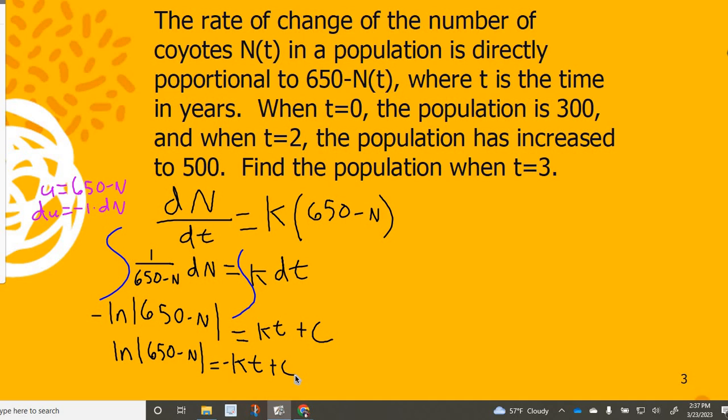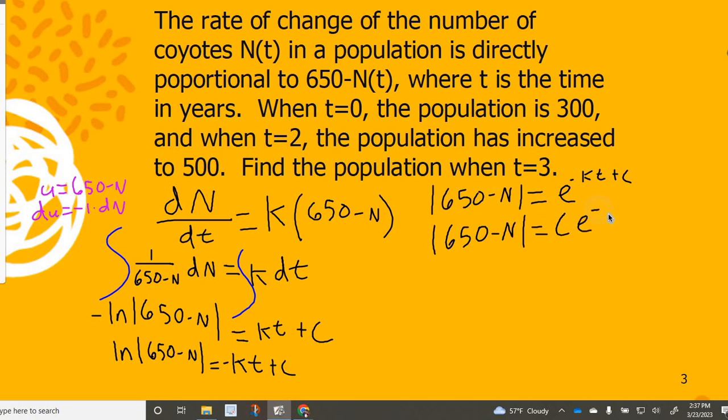Then if we exponentiate both sides, we get the absolute value of 650 minus n equals, remember, e to the negative kt plus c. But since I have a plus c there, what can we do? Drop the constant to the front. So we get c e to the negative kt.